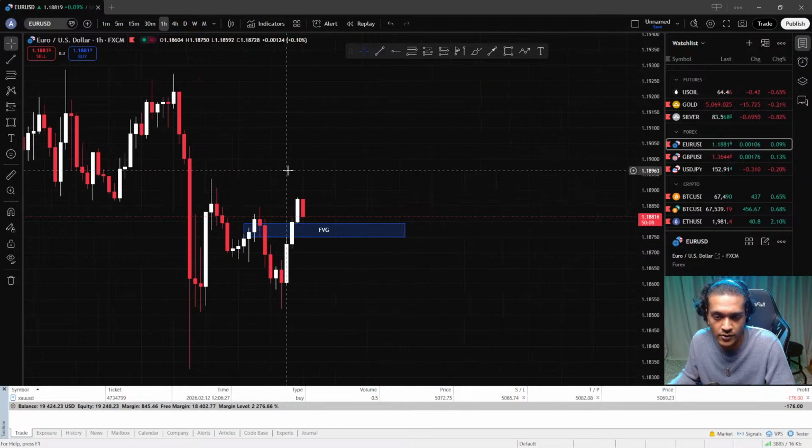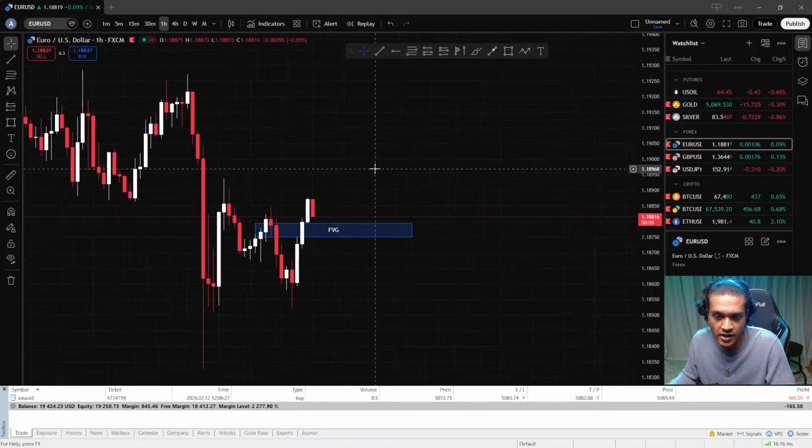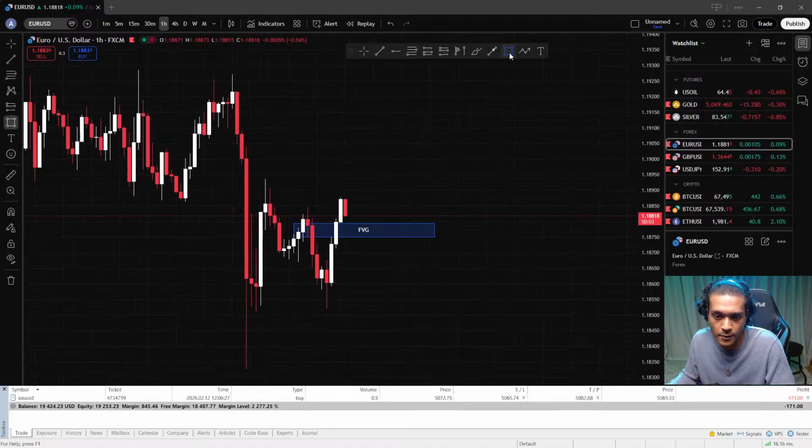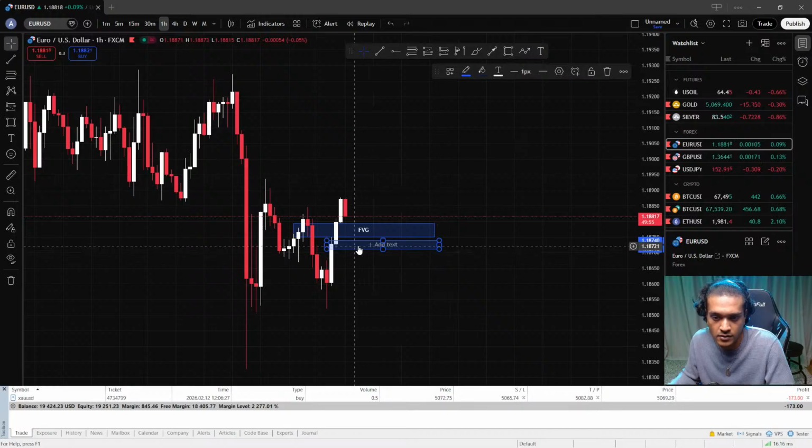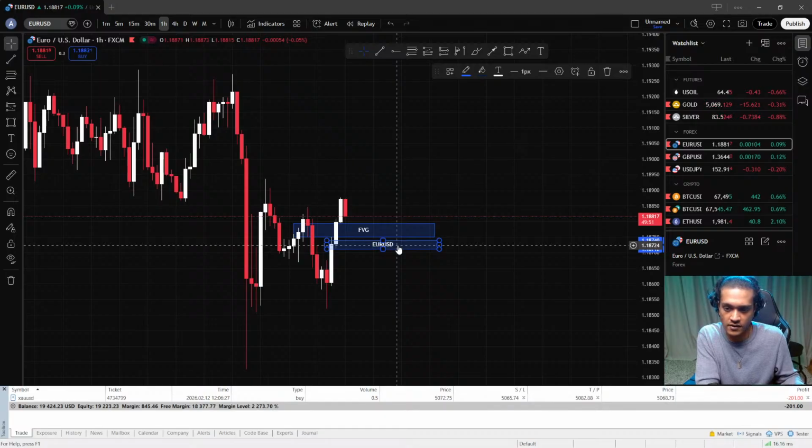This is our fair value gap. If the price came back to fill within this fair value gap, we do have an order block in this area to be our buy zone for Euro USD.